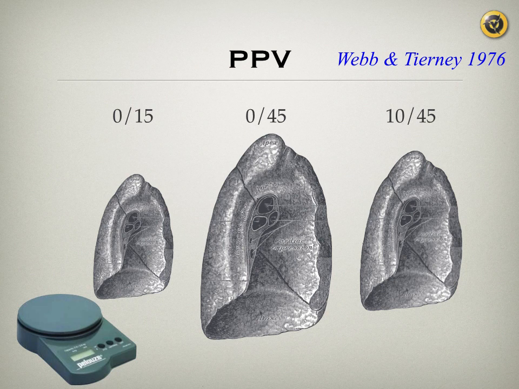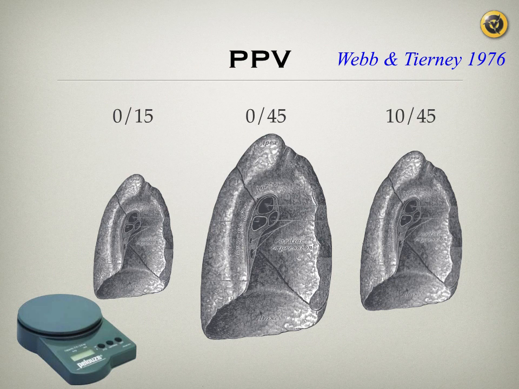The reason for that is when you go 0 to 45, you're opening and collapsing alveoli, and the shear from opening and closing of those alveoli destroys their elements and hence causes more inflammation. But if you add PEEP, your excursion between 10 and 45 is less than the excursion between 0 and 45, and hence less destruction and less inflammation, and you protect the lung.